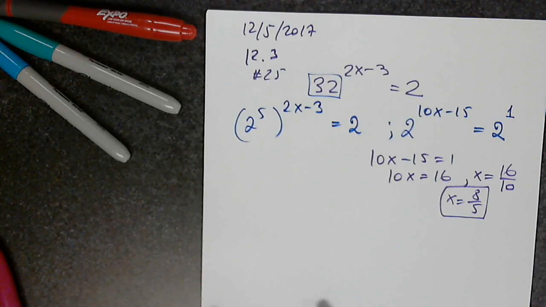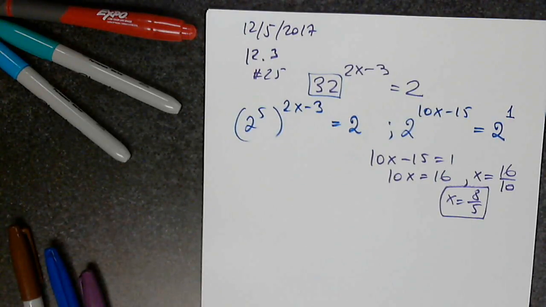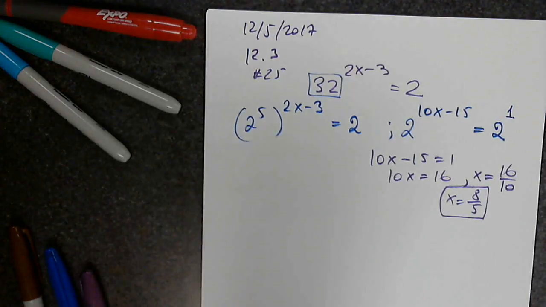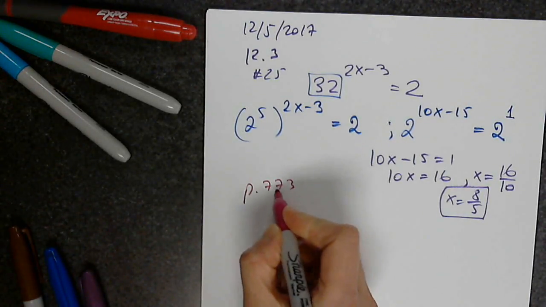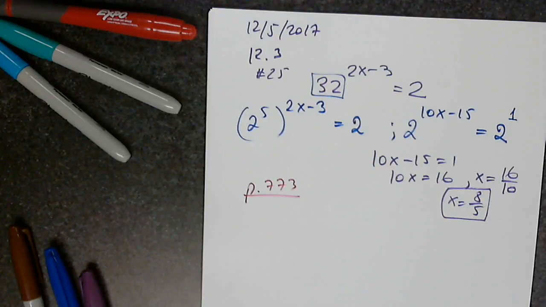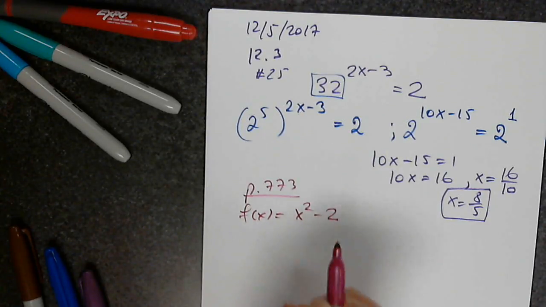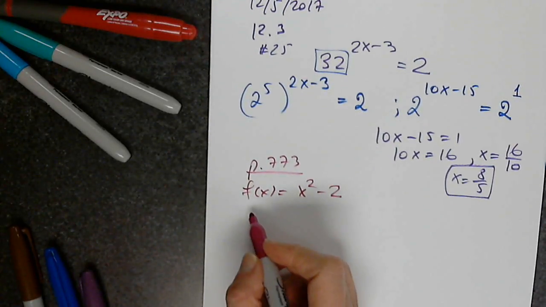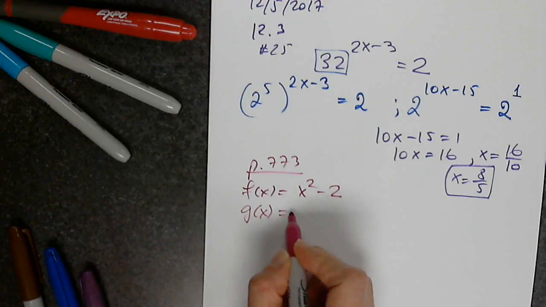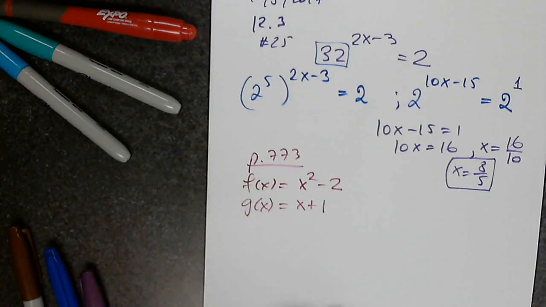Okay, so let's look on page 773. This is the review for entire chapter 12, but I'm going to select only from those 5 sections. So let's say we are given f of x, which is x squared minus 2, and we are given g of x, which is x plus 1.